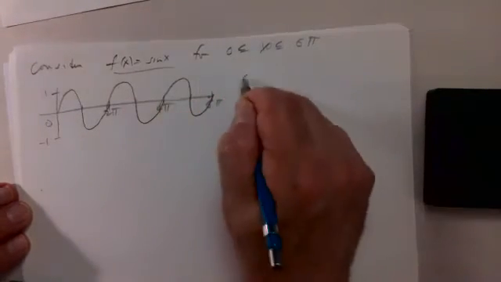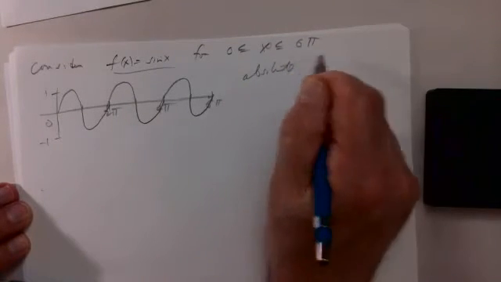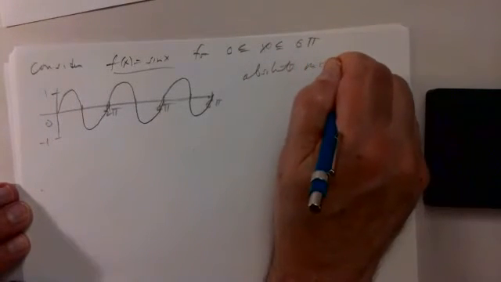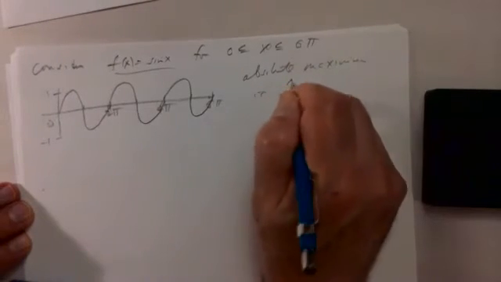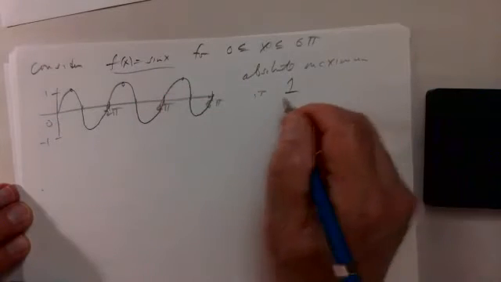For sine of x, the absolute maximum is 1, right? 1 is the biggest this function ever becomes.